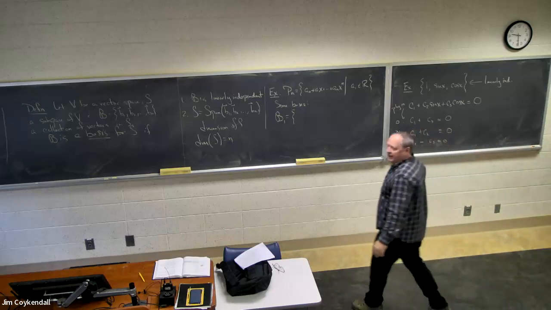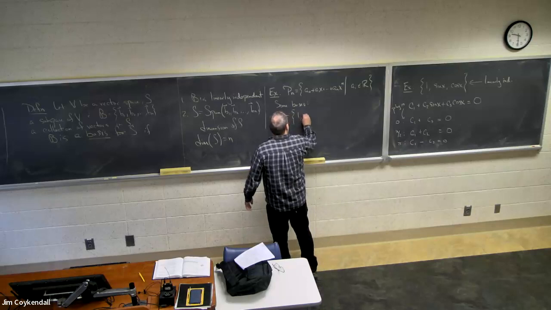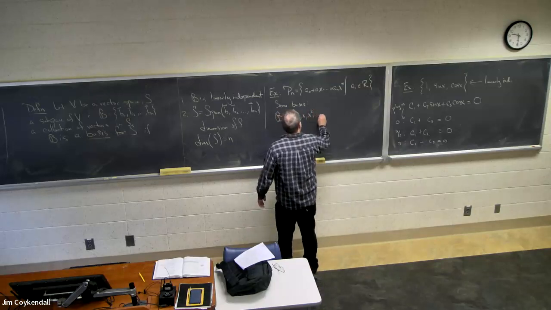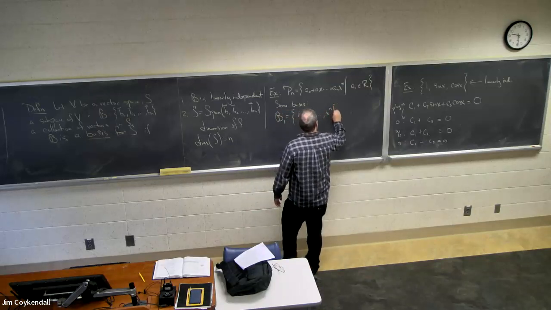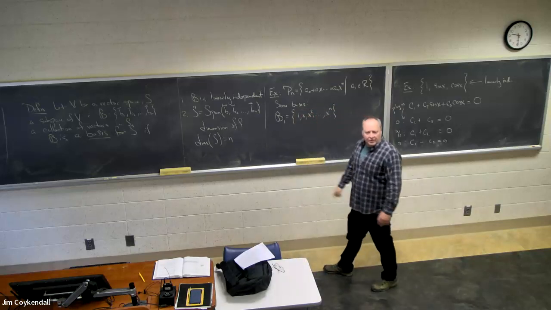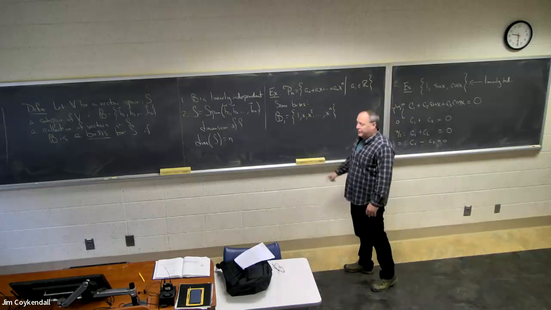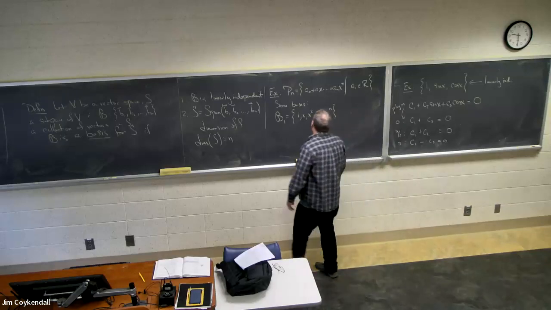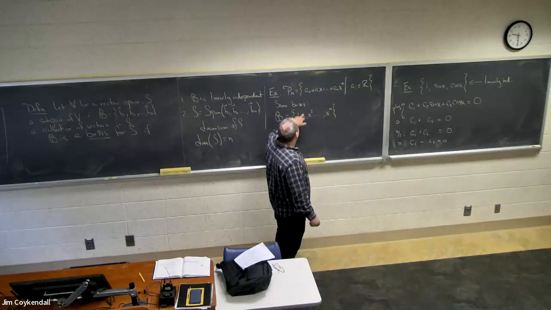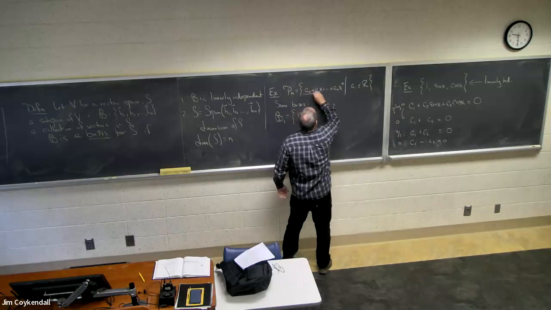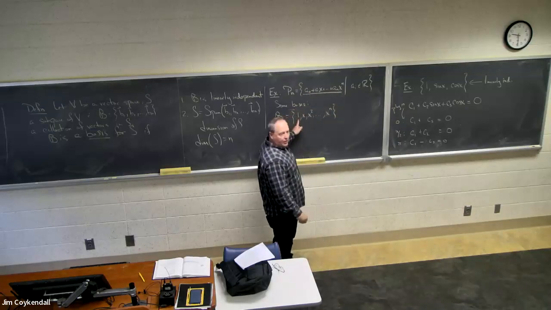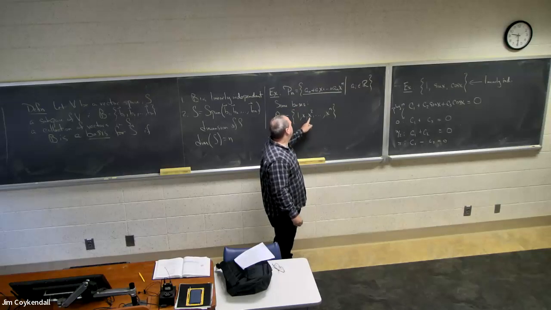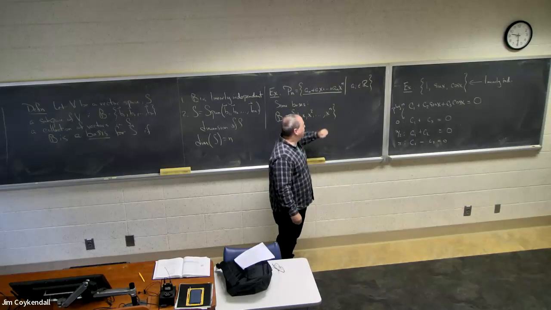Right, how about just the powers of x? You should check if this is linearly independent. It's very much the same as what we did before. And the fact that it spans is pretty obvious because anything in P_n looks like this. So it's A0 times this, plus A1 times this, plus A2 times this, all the way up to A_n.